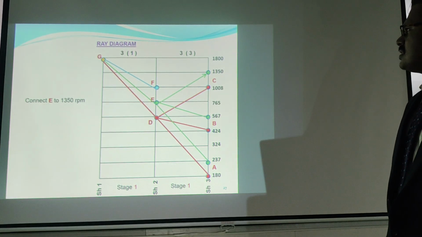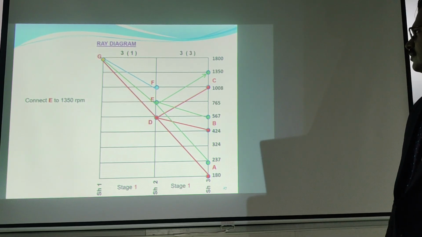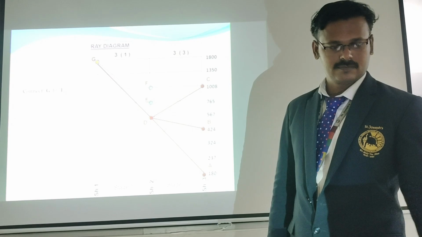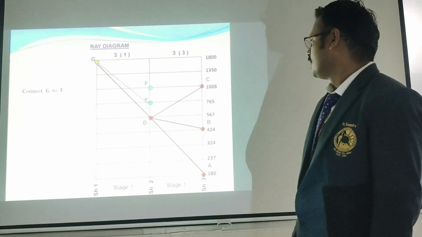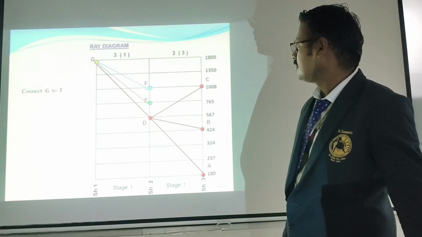So parallel to DC I have drawn another line. So like that I have to do for F speed also. So parallel to DA line, now I am drawing one line. Then parallel to DB, now I am drawing. Okay, now we have drawn the ray diagram.